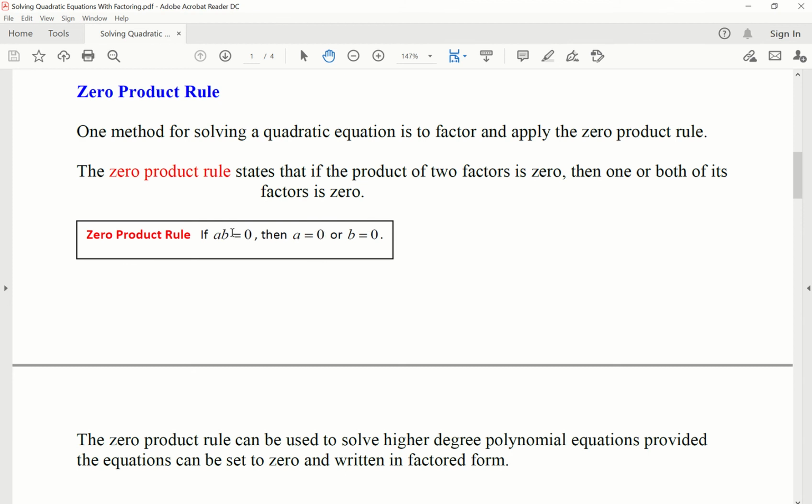So if a times b equals 0, then either a equals 0 or b equals 0. The zero product property, when we start to get into the solutions by factoring, all of it really relies on this property of the real numbers.